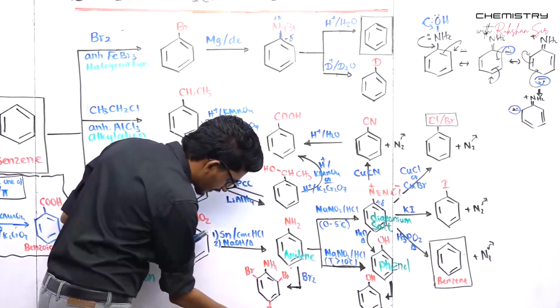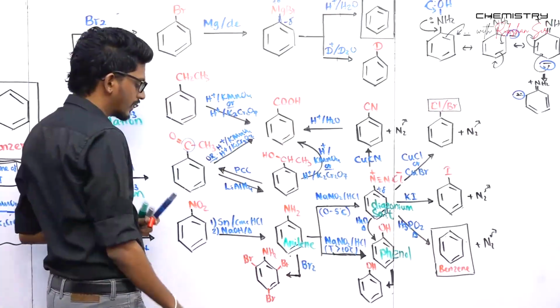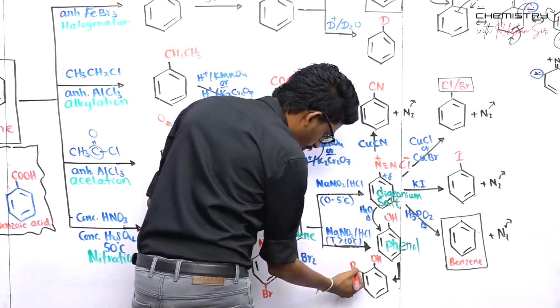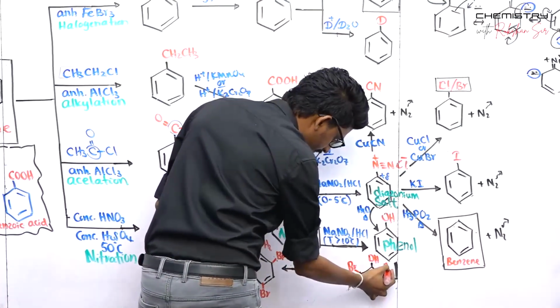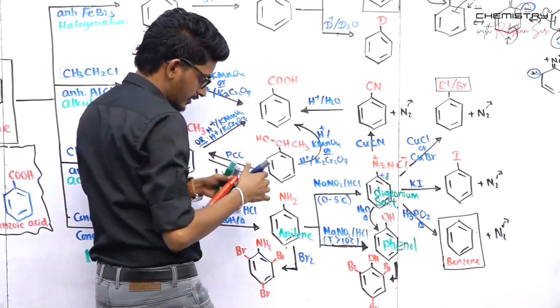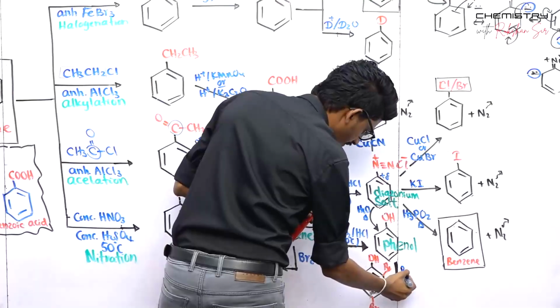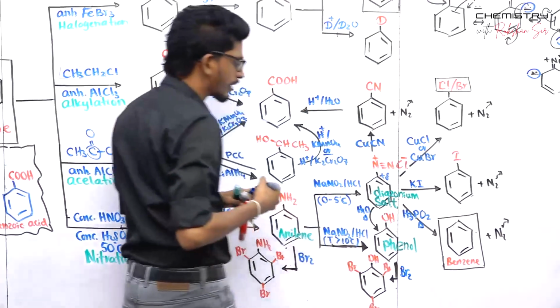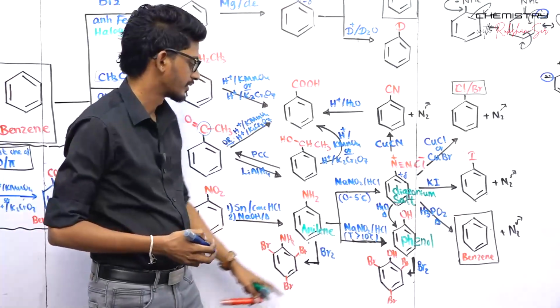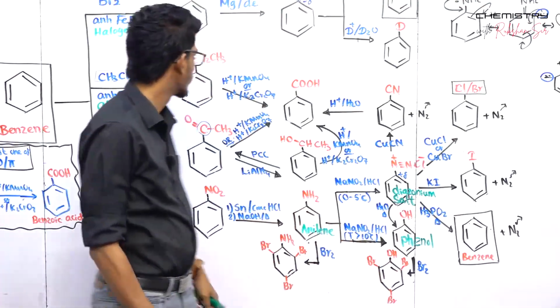So just adding Br2 will give you tribromo products, with phenol as well. Just by adding Br2, even without a catalyst. If you add Cl2, you will get trichloro products, even without the catalyst, right?